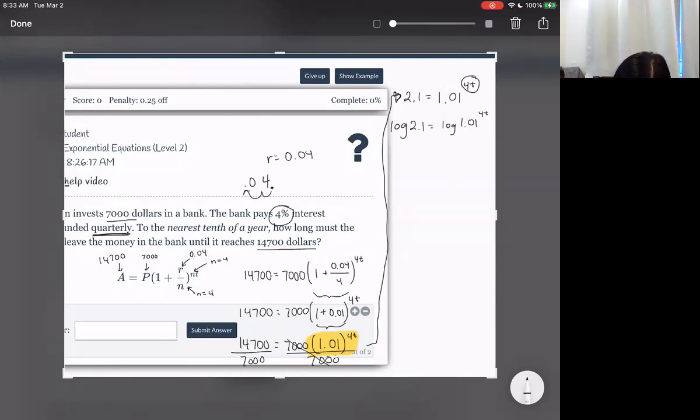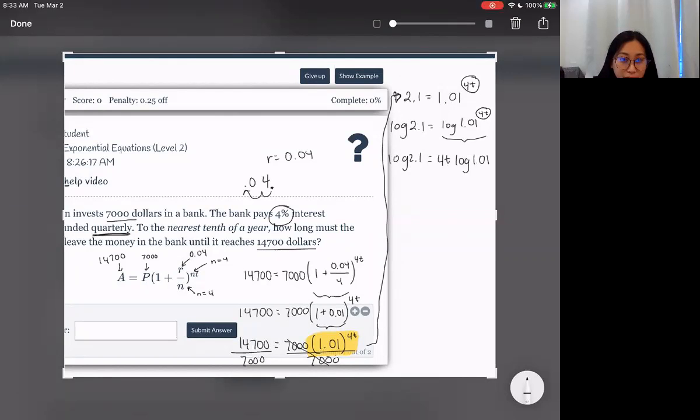And now that we're taking a log of this thing, we can move the 4t to the front. So it's 4t times log 1.01. So the log helps us get the 4t out of the exponent and just into the front. So now we have log 2.1 is equal to 4t log 1.01.